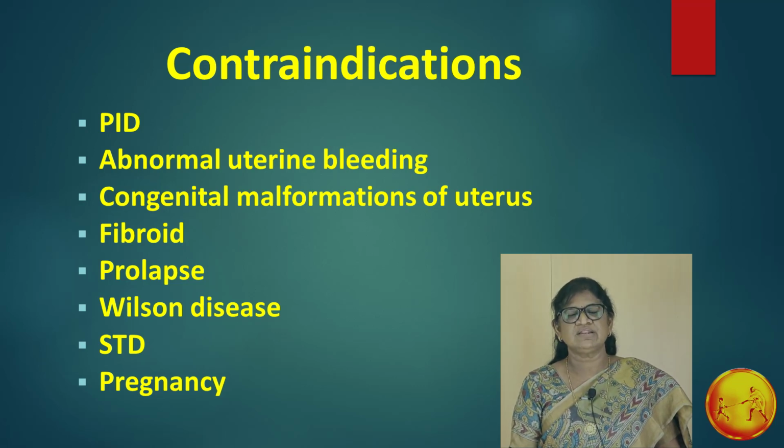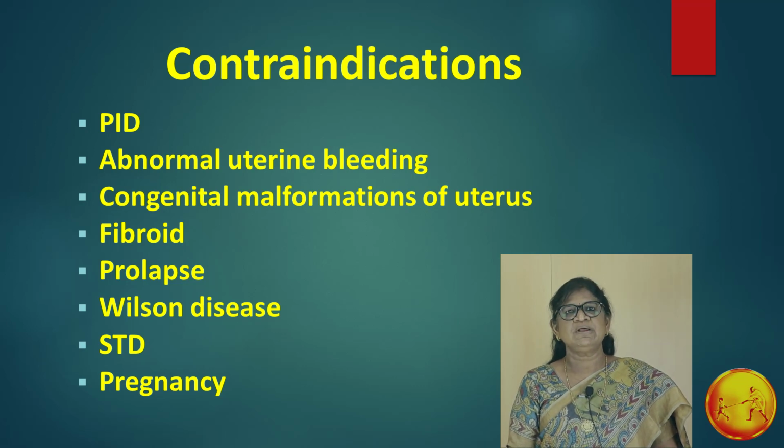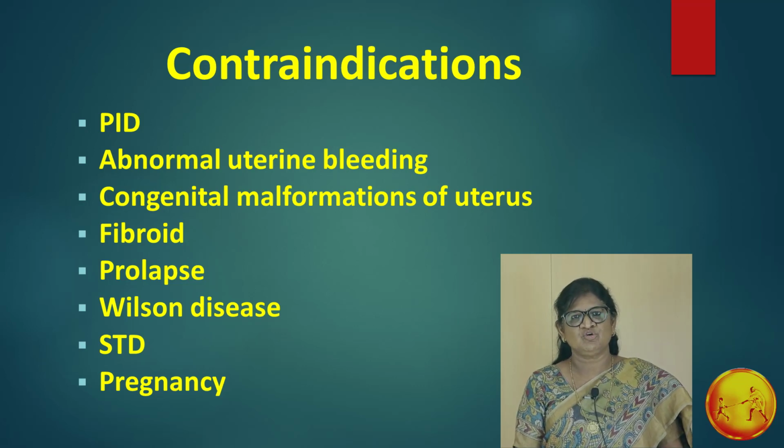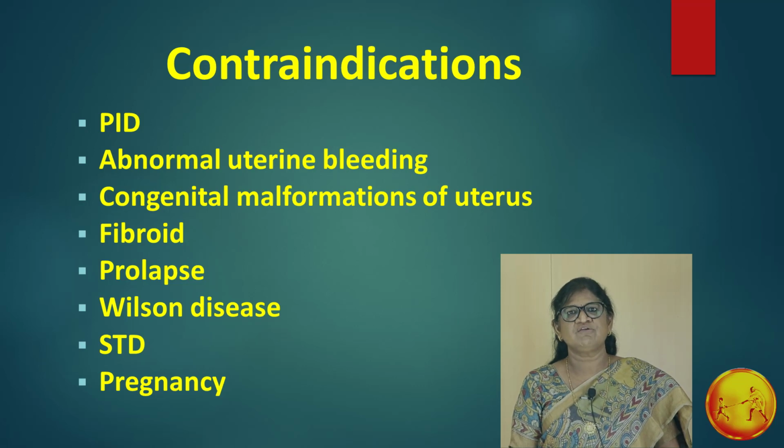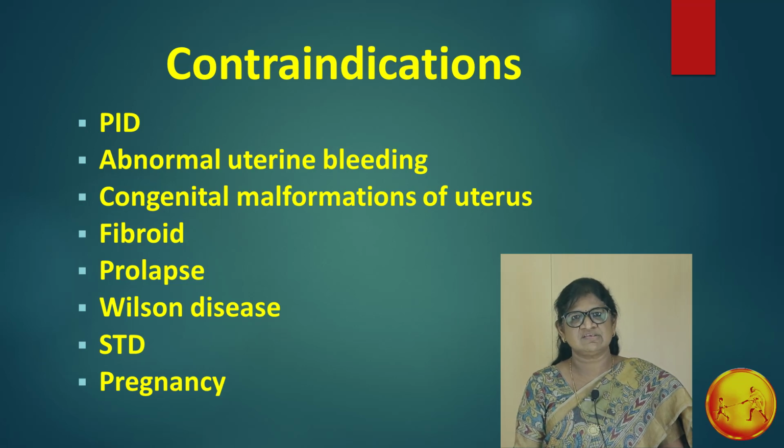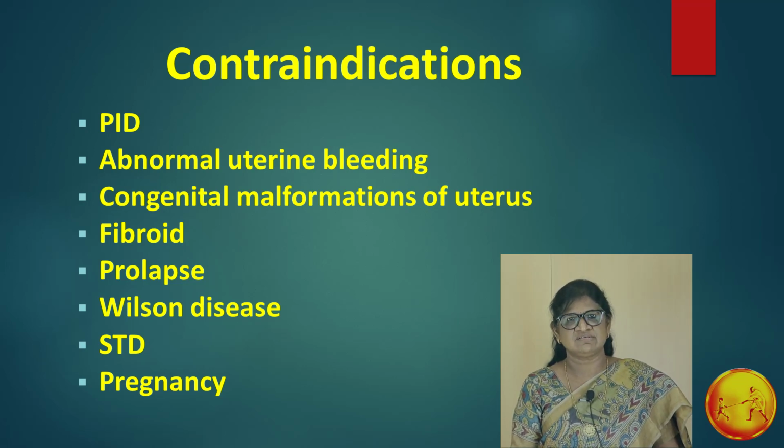Then very important are prolapse of the uterus, and distortion of the uterine cavity by, say, a fibroid or congenital anomalies of the uterus. Copper devices are contraindicated in known cases of copper allergy or Wilson disease. LNG containing IUCDs are contraindicated in severe arterial diseases, hepatic cancers and breast cancers.